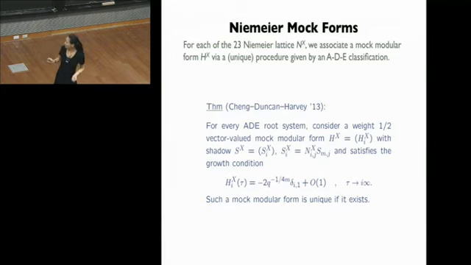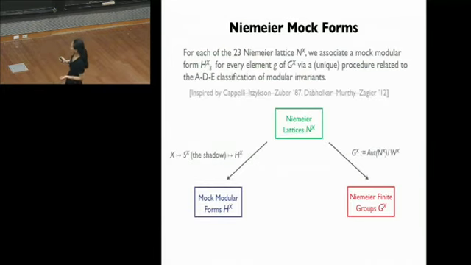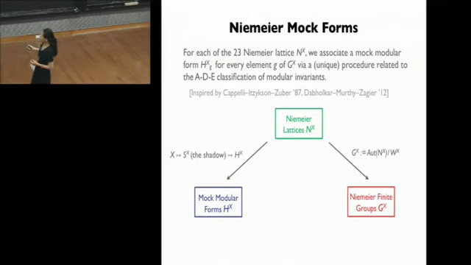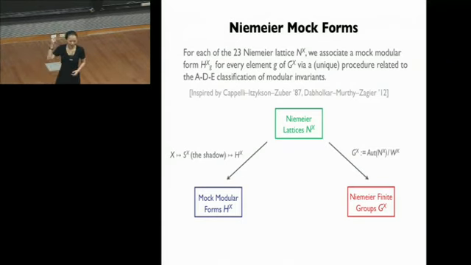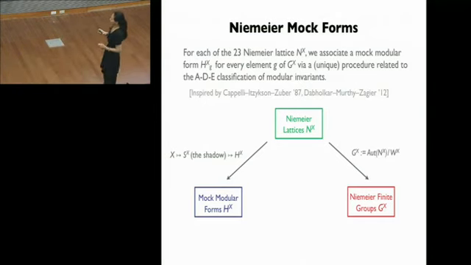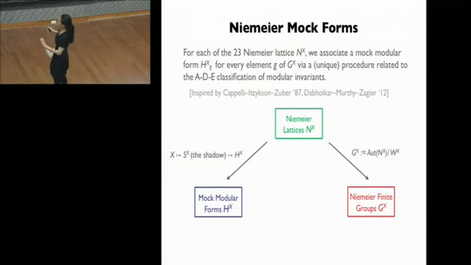In this way, we have a uniform construction starting with the Niemeier lattice to a vector-valued mock modular form. So this arrow is what I just described in the past four complicated slides. This is the first part of the result: given any of the 23 Niemeier lattices, you uniquely associate a mock modular form.